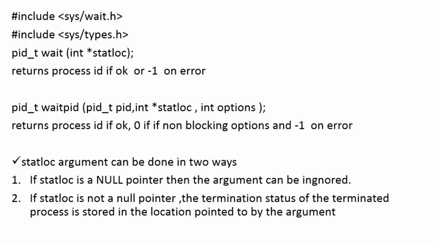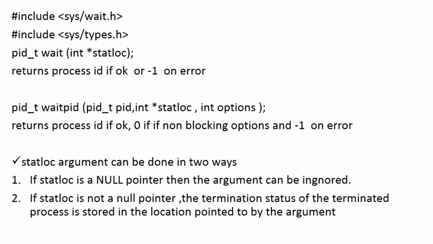And waitpid has three arguments: the first is the pid, then the status location, and options. The function returns the process ID if it executes successfully, otherwise 0 or -1 on error.